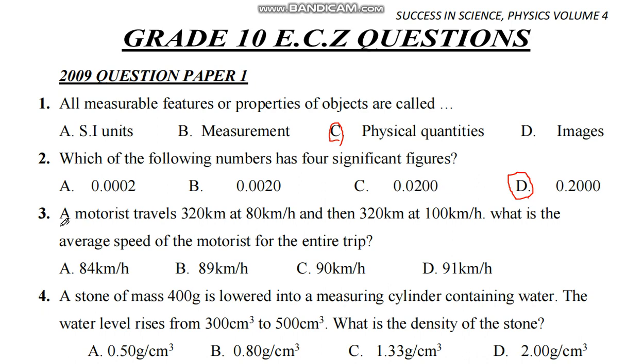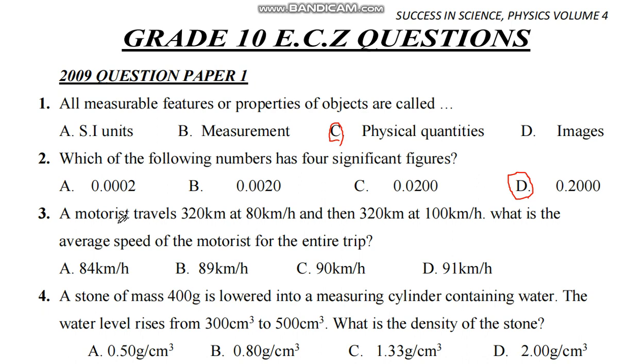Okay, then we go on to question 3. The question states the motorist travels 320 kilometers at 80 kilometers per hour and then 320 kilometers at 100 kilometers per hour. What is the average speed of the motorist for the entire trip? So here we have two trips.